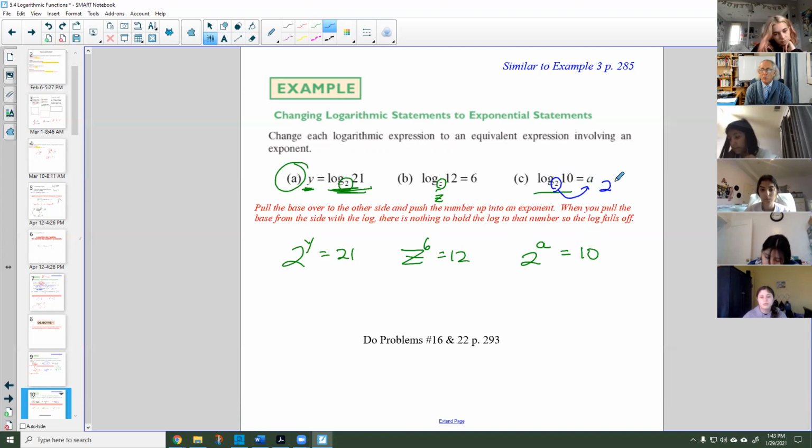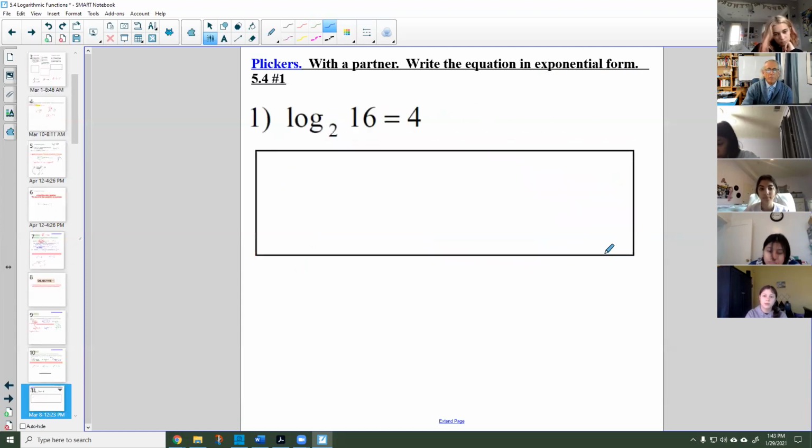So that becomes 2 to the a. And when I remove the base, the logarithm kind of disappears and all I'm left with is 10. So 2 to the a equals 10. Can you see it? Yeah. We're kind of okay? Yeah, I'm seeing nods. Okay, all right.